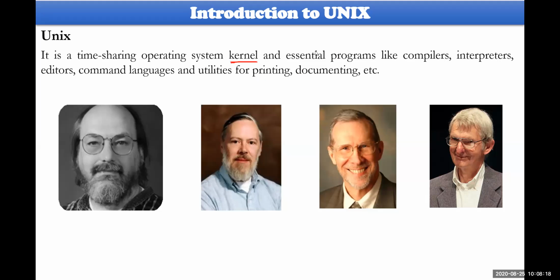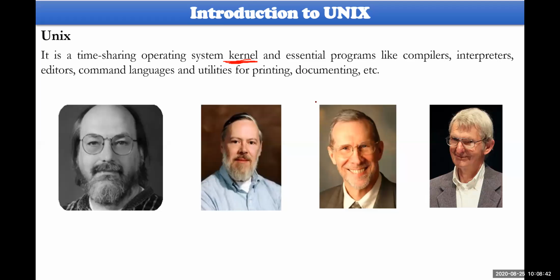In between the operating system and the hardware, there is one more component. That component is the kernel. All system calls related to that operating system will reside or be executed at the kernel level. That is the importance of the kernel here.